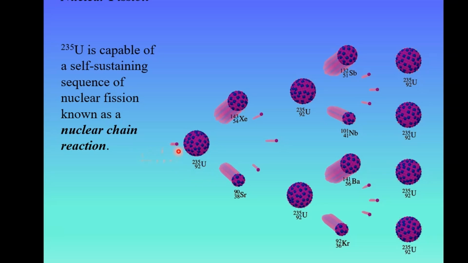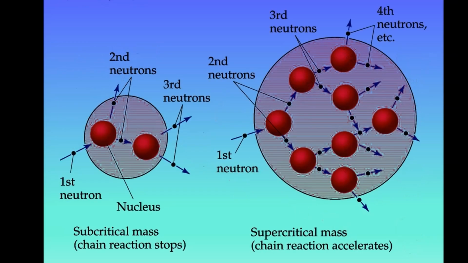And when a neutron hits this, it was unstable to begin with, and it can break down into these daughter nuclides, and presumably giving off 3 more neutrons that can react with more uranium-235. Here are some other outcomes, and then each one of those are going to give off neutrons, and possibly you can see a chain reaction occurring.